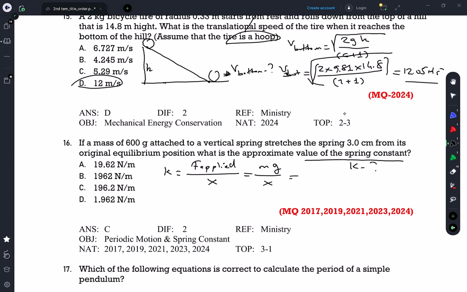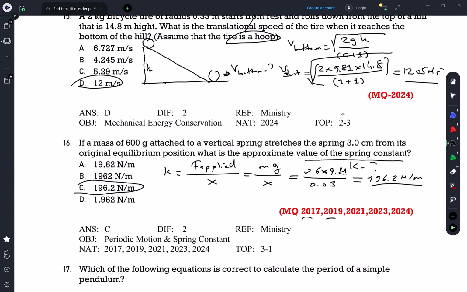So m is 600 grams, or 0.6 kilogram, times 9.81 for g, divided by 0.03 meters, which is how much it is stretched. 0.6 times 9.81 divided by 0.03 is the answer: 196.2 newtons per meter. It's going to be C.